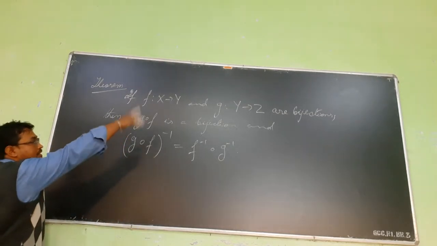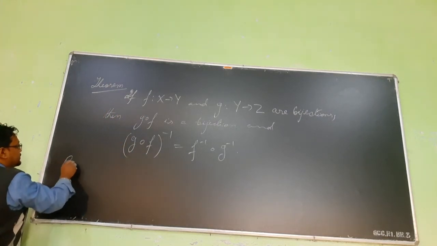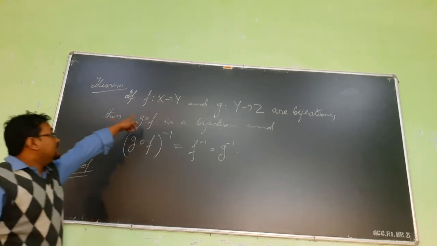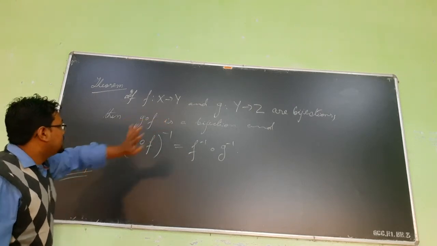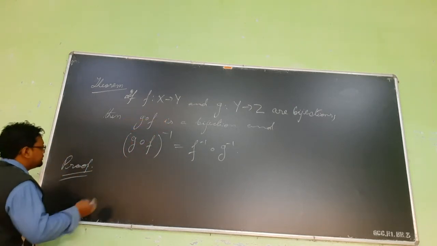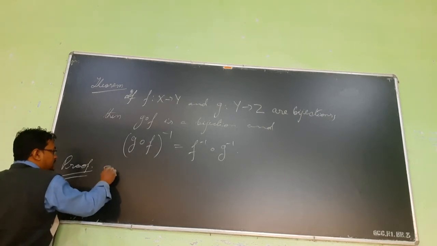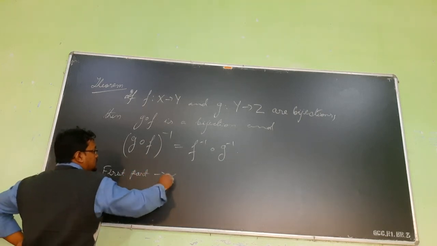The first part is already done. You just complete it later. We have already seen, if f and g are 1-1, then g∘f is 1-1. If f and g are onto, g∘f is onto. Then the proof is, so the first part you do it yourself. Okay. Do it yourself.